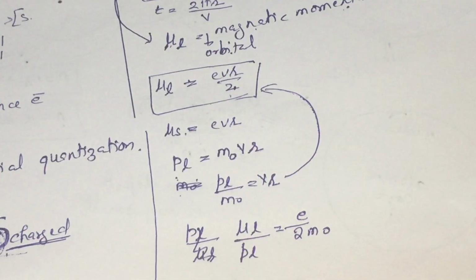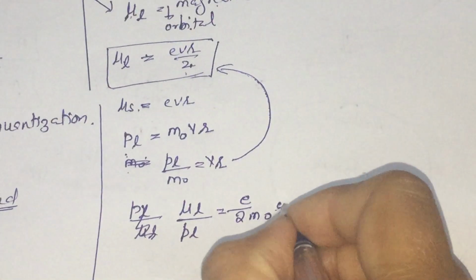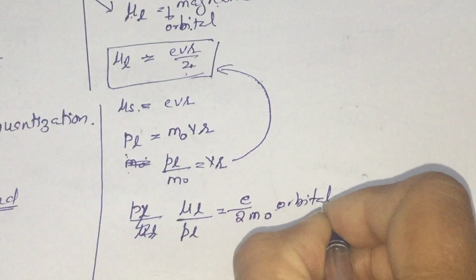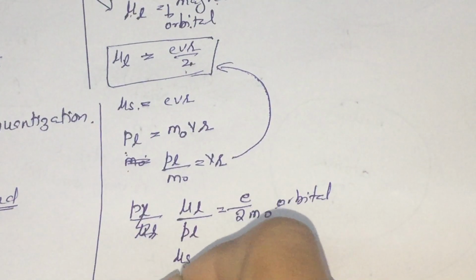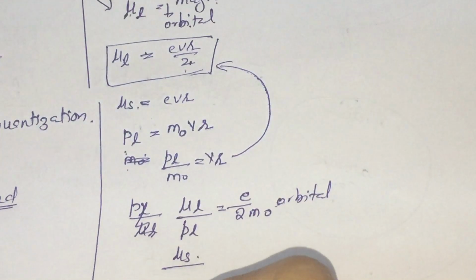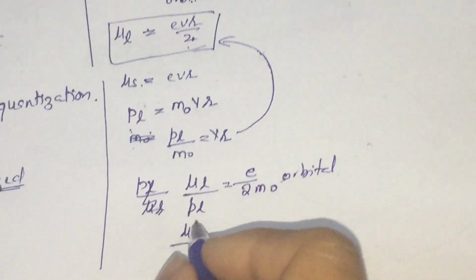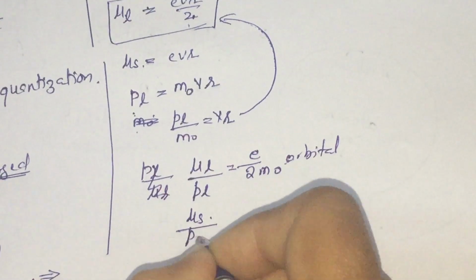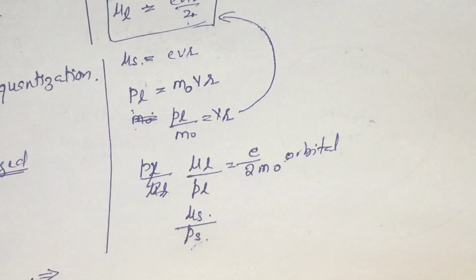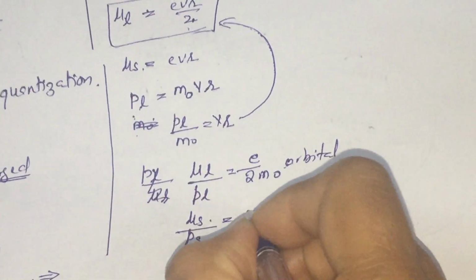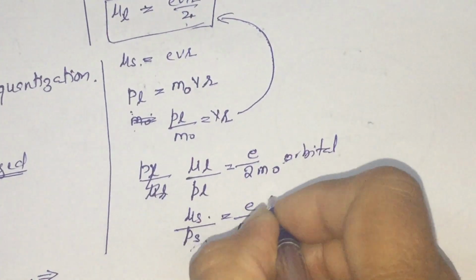The ratio comes out to be e upon 2 m naught in case of our orbital motion, and the ratio of spin magnetic momentum and spin mechanical momentum comes out to be e divided by m naught.